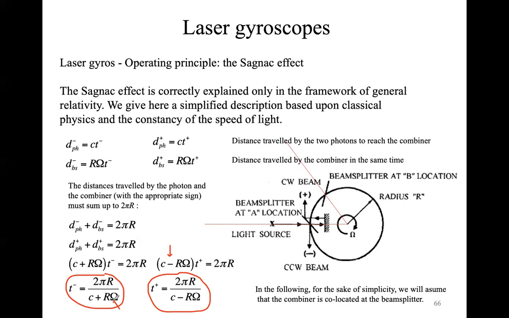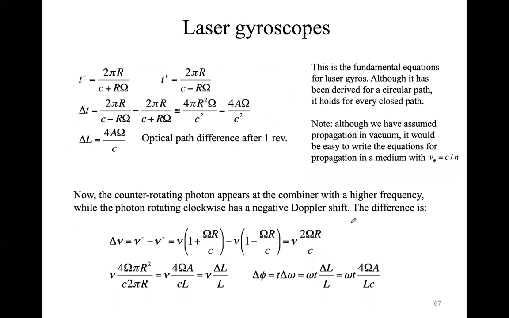Omega, as I said, is the angular rotation of the spacecraft along this axis. So if omega is equal to 0 and you do T plus minus T minus, you have 0. So you don't have any important signal. That's why this is so important, because if the beam splitter is not moving because the spacecraft is still, you don't have any signal.